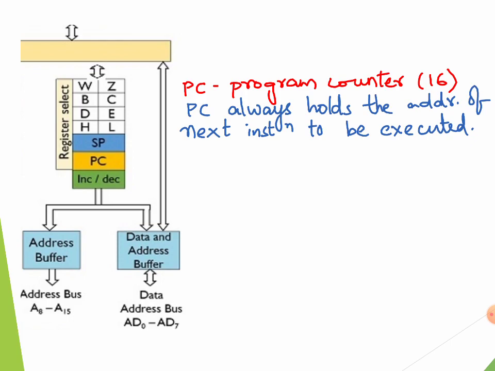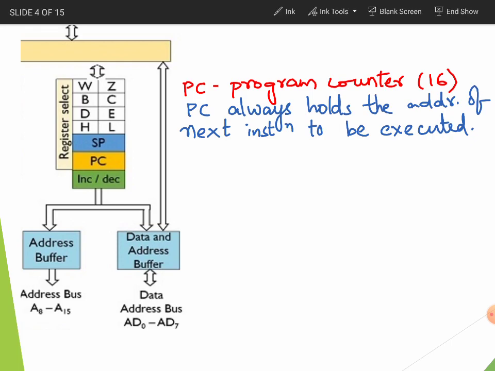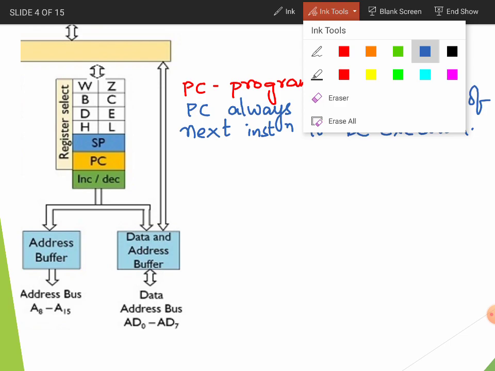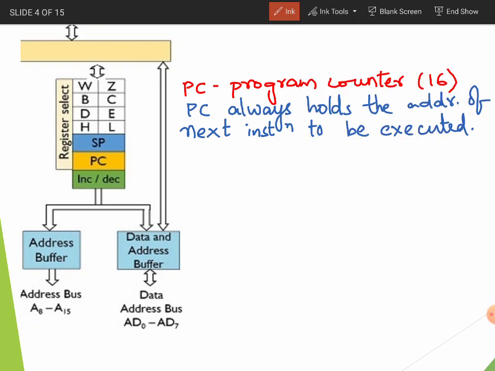We will start with the program counter. The program counter is a 16-bit register, and always remember, the program counter holds the address of the next instruction to be executed.